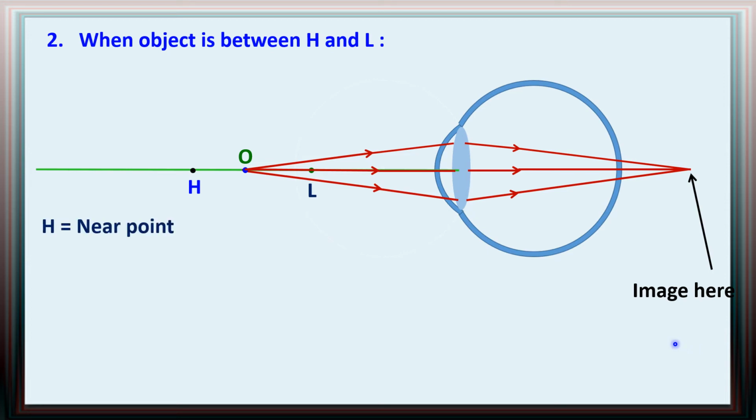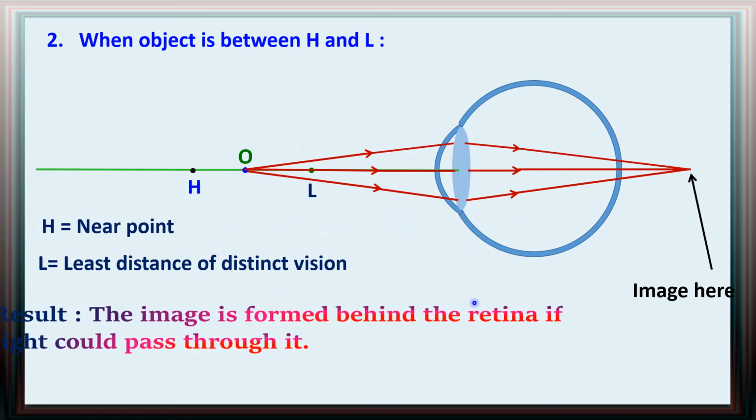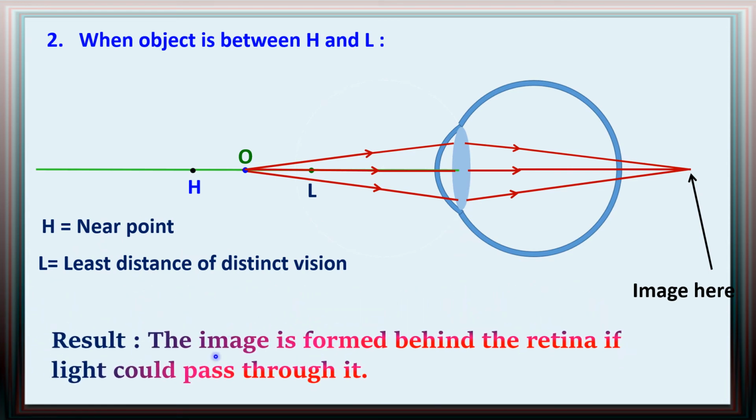H is the near point, L is the least distance of distinct vision. So between H and L, even at L, he cannot see things clearly. So what is the result? The image is formed behind the retina if light could pass through it. So he cannot see the object.